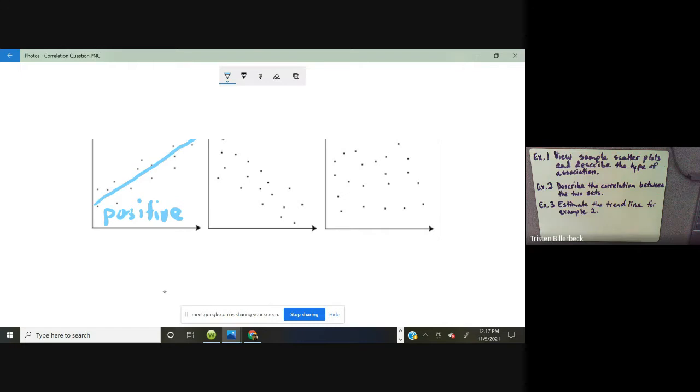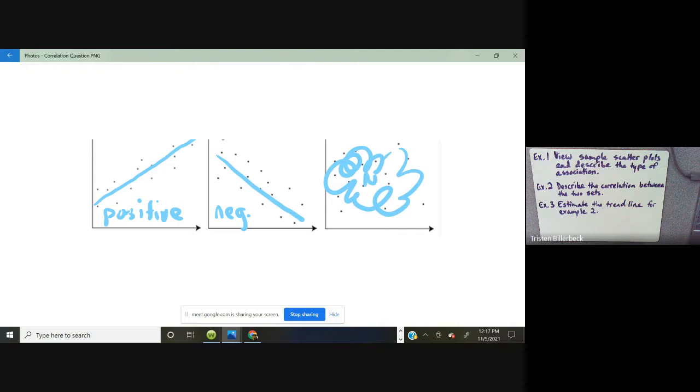If I have this kind of data, I can see I have a negative correlation, as x increases, y decreases. And if we have a correlation like this, well, it's just a cloud. It's everywhere. So there's no correlation here.